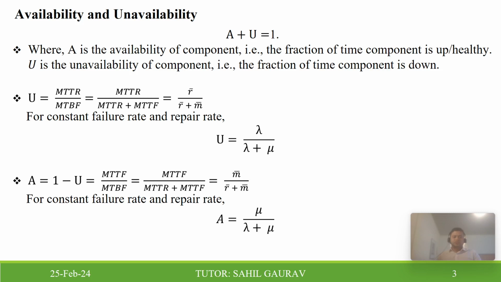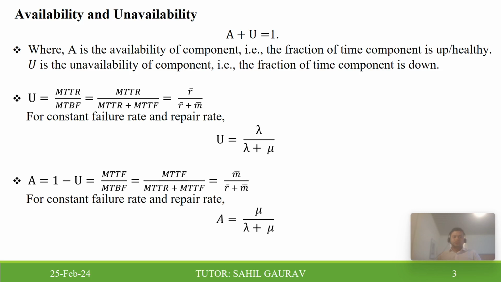Finding the availability and unavailability percentages is very simple. The mean cycle time is the mean time between failure, MTBF, which is the summation of mean time to repair and mean time to failure. That is one cycle time.